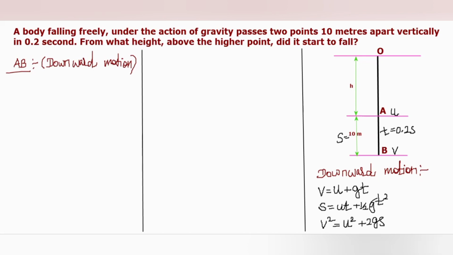So it's better to use the second equation, S equals UT plus half GT square.